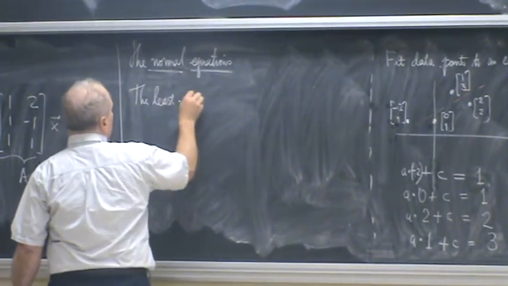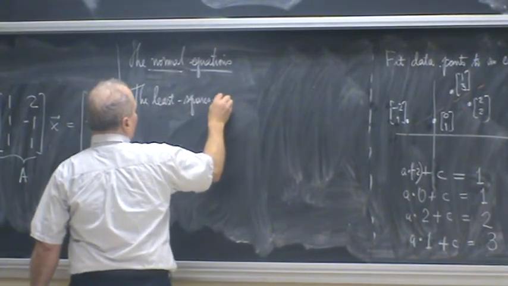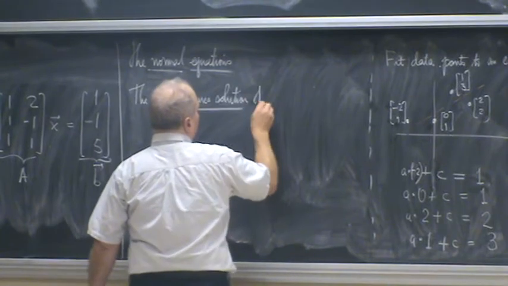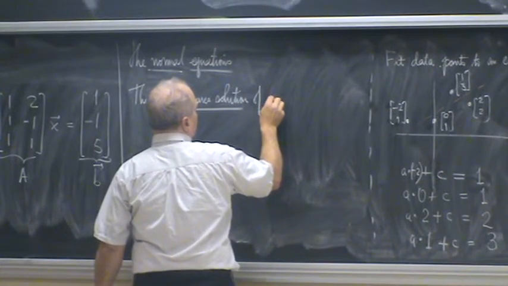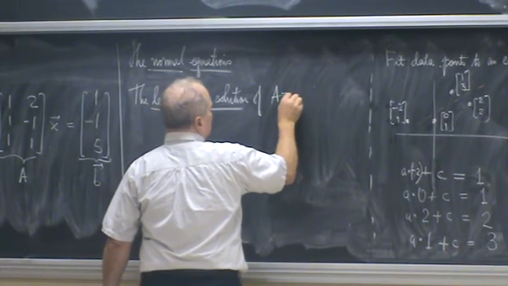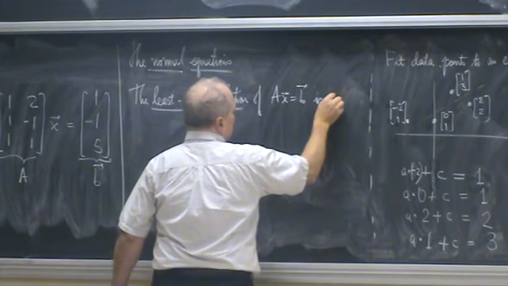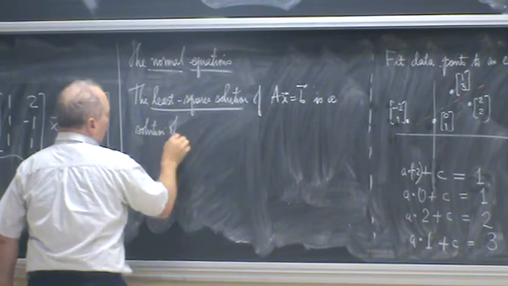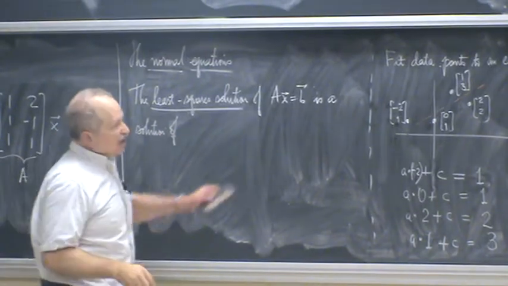But what do we want to solve? The least squares solution. This is called the least squares solution of AX equals B, is a solution of the, as I'm saying, of the normal equations. And what does that equation say?